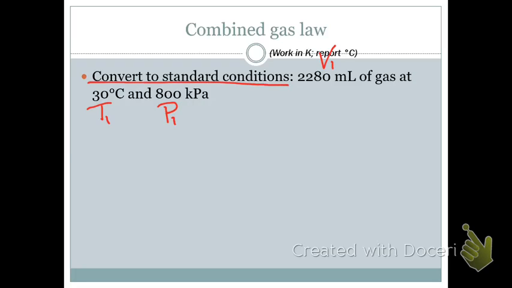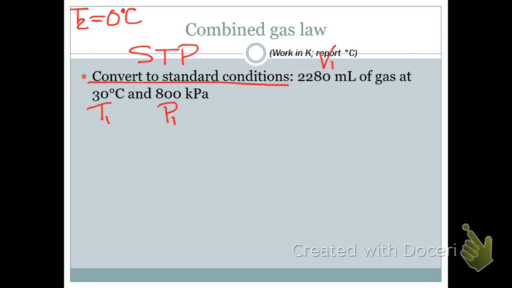Well, what are standard conditions? Standard conditions are STP, standard temperature and pressure. Well, what's my standard temperature at standard temperature and pressure? Well, temperature at standard temperature and pressure is equal to 0 degrees Celsius, right?